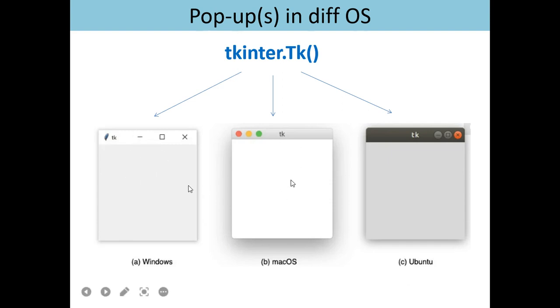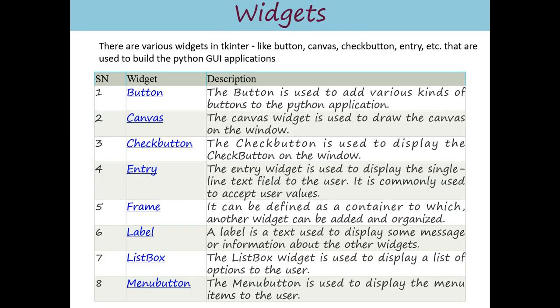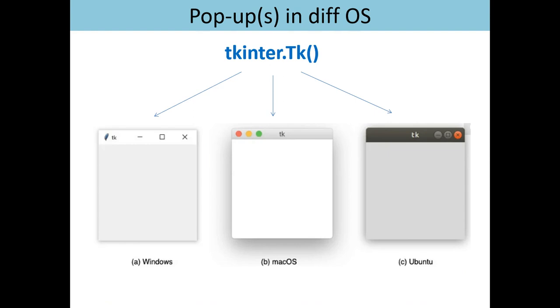In Mac, you will get this one. In Linux, Ubuntu, you will get this one. The same command will give you different types of window in different operating systems. The interfaces differ a little bit. So this is how you can create a window.